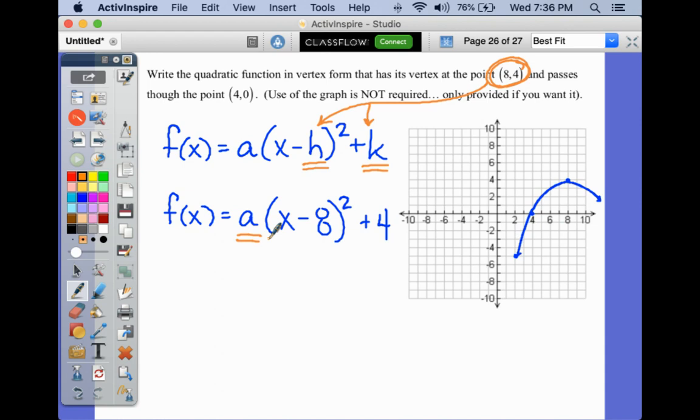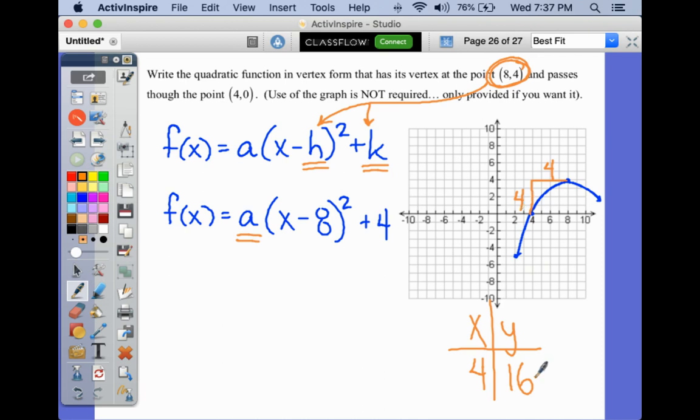And the scale factor I can figure out by counting how far this direction have I gone by how far this direction. So I went horizontally a distance of 4. Now normally in your table of values for x squared, 4 squared should be 16. But I didn't go down 16, I only went down 4 units.